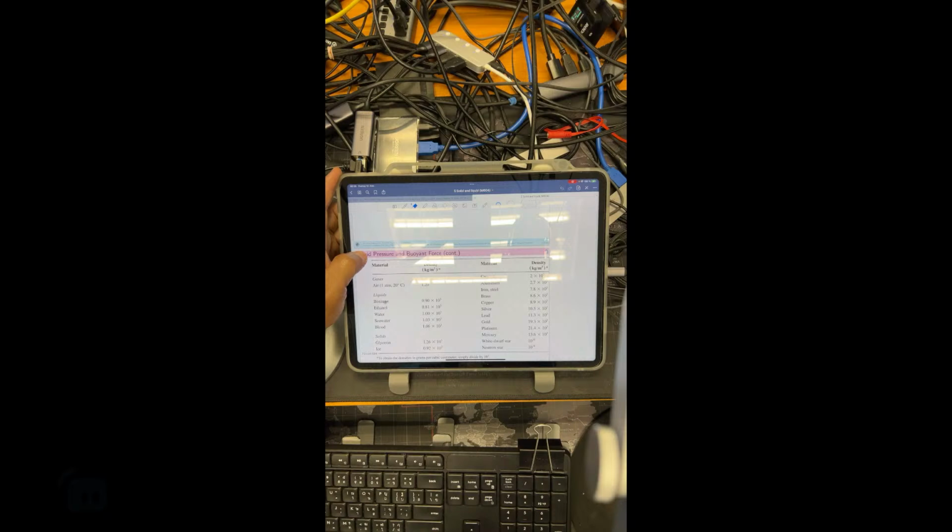For the liquid form, we have benzene, ethanol, water, seawater also here, right? Please note that seawater is more dense, okay, than the normal water, the pure water, because we have also sodium chloride, right?